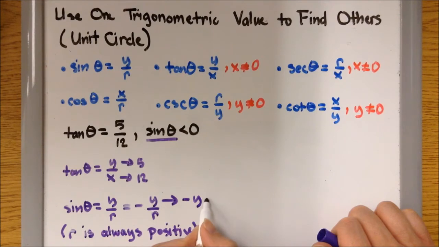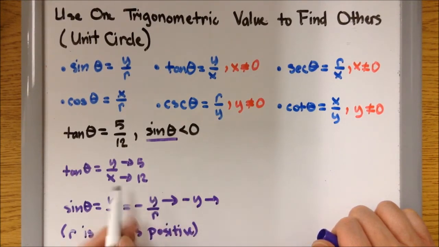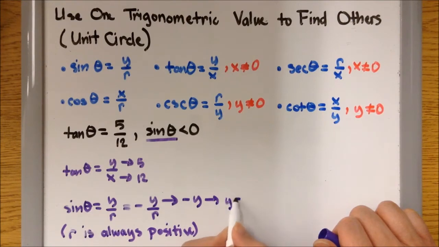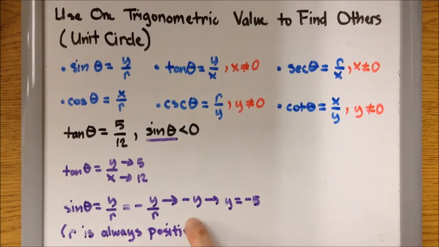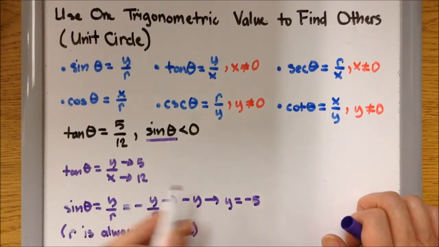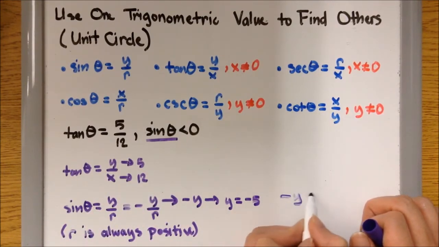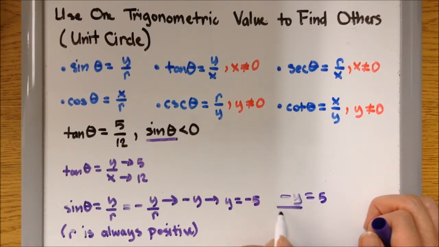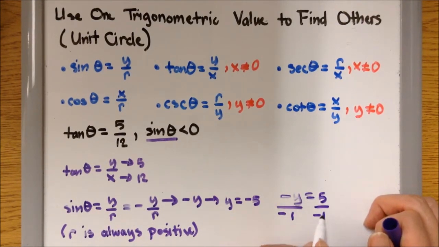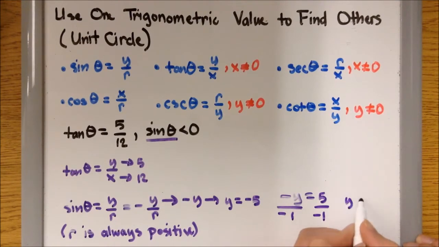So therefore, since we have y equals 5, it's going to be y equals negative 5. So how did I go to y equals negative 5? Basically, if I have negative y equals 5, then y equals 5 divided by negative 1, therefore y is negative 5.